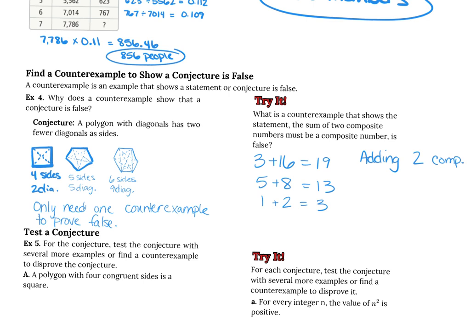Okay, so if I add two composite numbers that add to a prime number, then my counterexample is false.